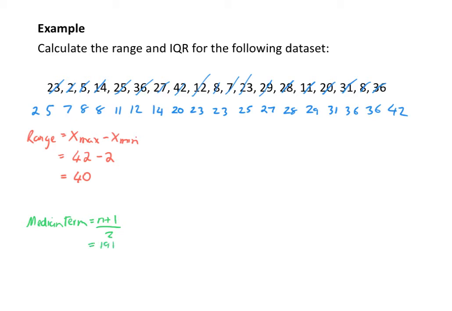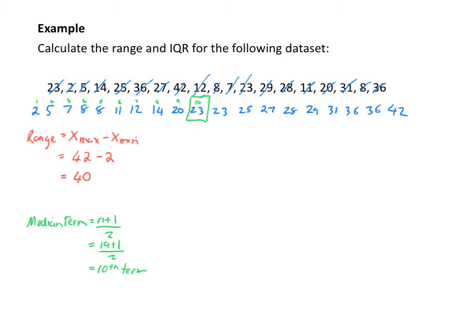So it's going to be 19 plus 1 divided by 2. So I'm looking for my 10th term. So starting at the beginning of my original data set, 1, 2, 3, 4, 5, 6, 7, 8, 9, 10. So my middle number is 23.